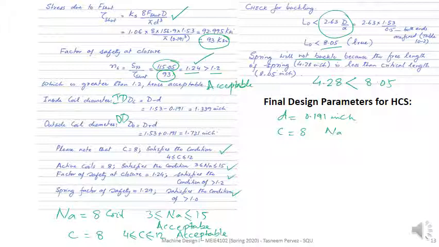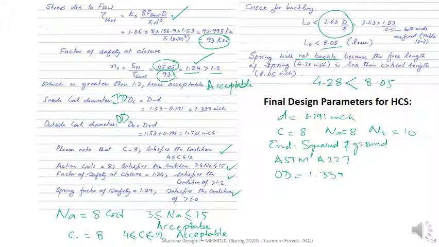Yeah, active coils is 8, total number of coils is 10, and ends are squared and ground. Right. Material is ASTM A227. OD is 1.339 inch. ID, sorry, this is not 1.3. OD is, let me erase it.